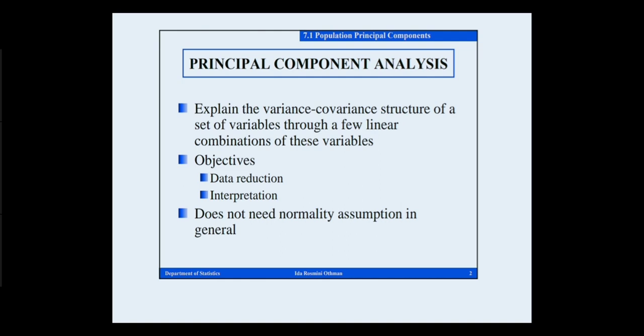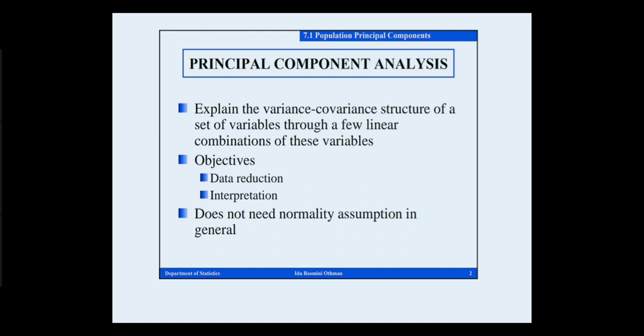Okay, the objectives of the principal component are two, which is data reduction and also interpretation. So actually, we use the principal component to reduce or to summarize a large set of variables. We have a large set of variables. We can reduce or summarize the large set of variables using a smaller set of factors or components by looking for groups among intercorrelations of a set of variables.